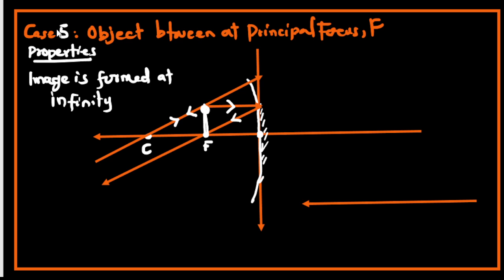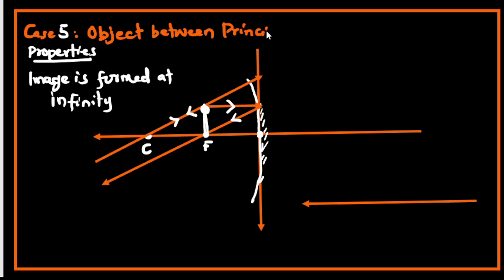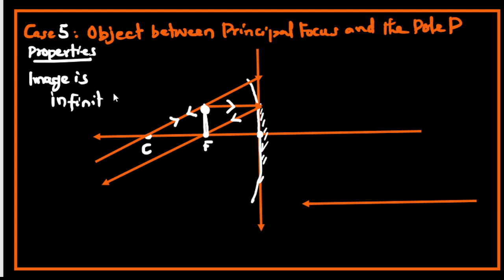Case 5, we have the object between the principal focus and the pole, so let's say pole P. Alright, so we're about to tell the properties of the image formed if the object is repositioned from where it was to another point.